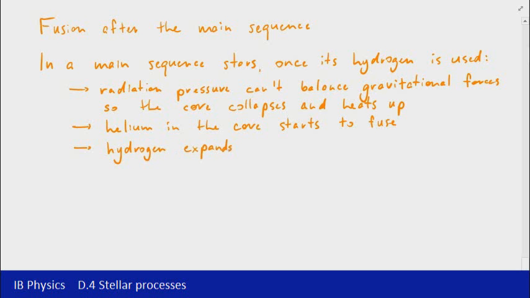So hydrogen expands surrounding the core. So we've now got a helium core, and once all of those processes have occurred, the star becomes a red giant. So we've sort of stepped along in this process, and now we've got a red giant star that's been formed.